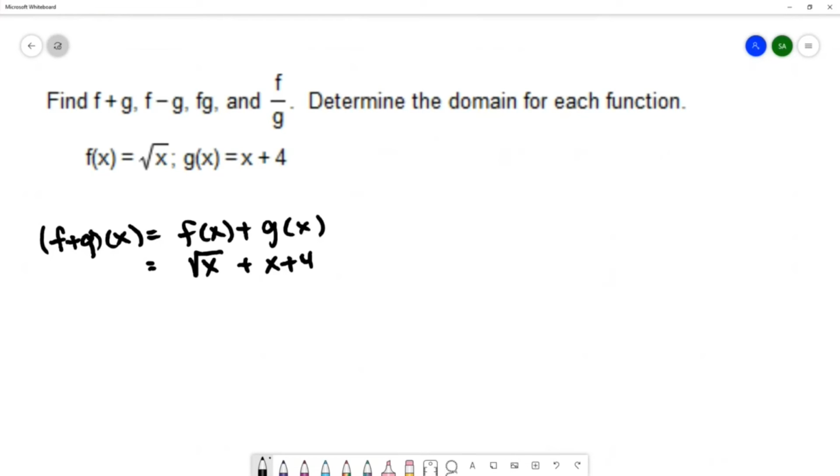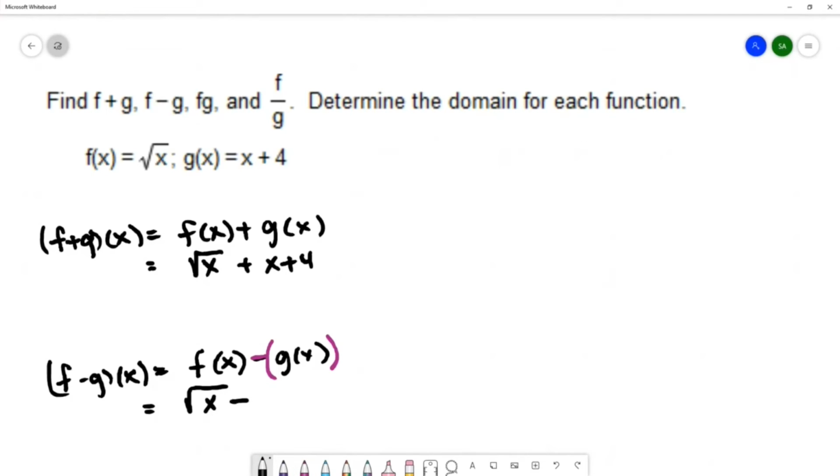Then with f minus g, we're going to do f of x minus g of x. And with subtraction, we're going to be more careful. We want to make sure that we're subtracting the whole function g of x, so we'll put parentheses around that. That's square root x minus x plus 4.